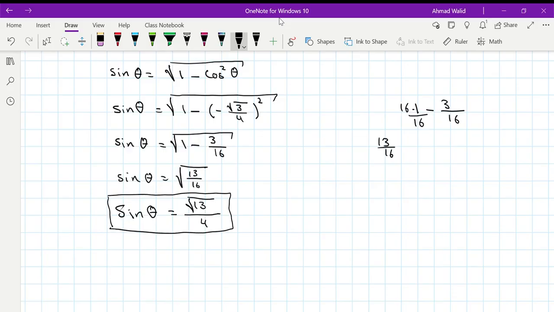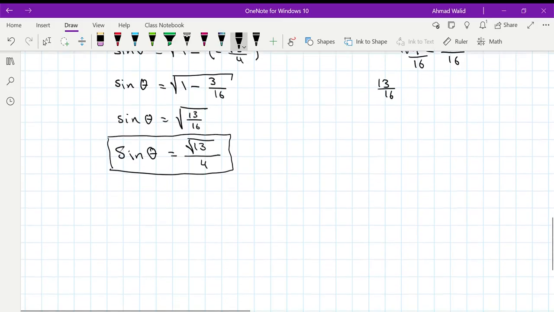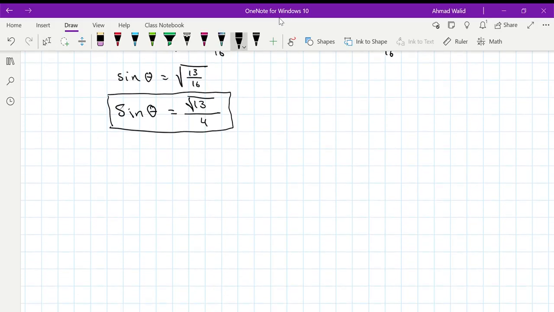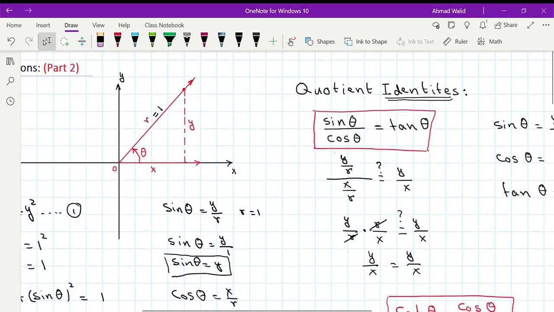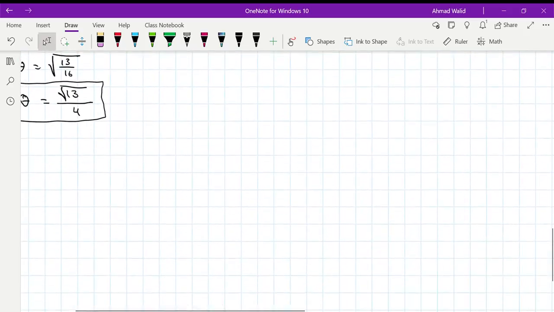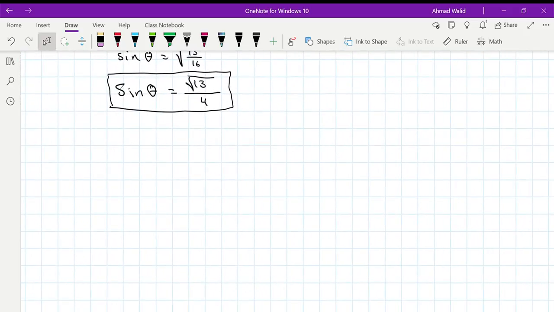Correct? Next one, they are asking you to find the tangent. Using the quotient identities that I worked on this side, you see tan theta equals sine theta over cosine theta, correct? Because we already know sine and cosine, I can use that one.